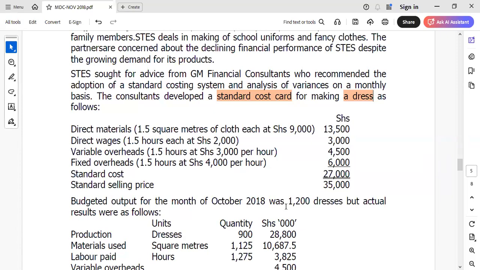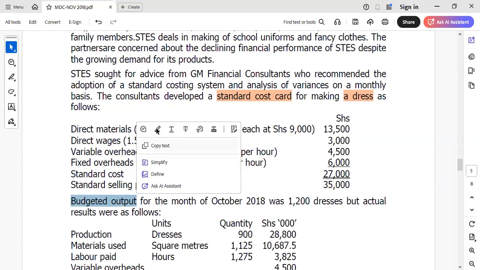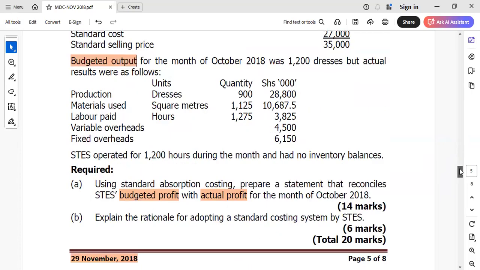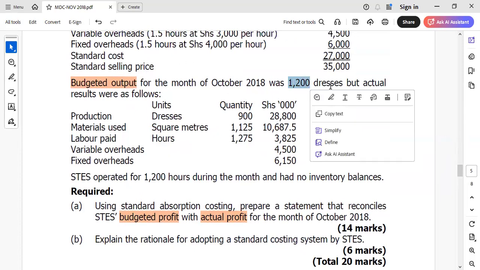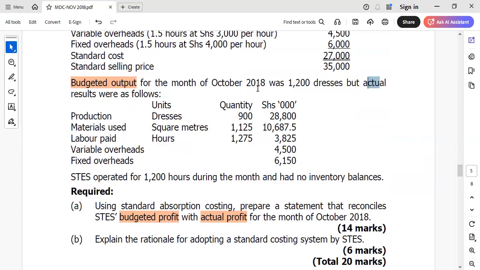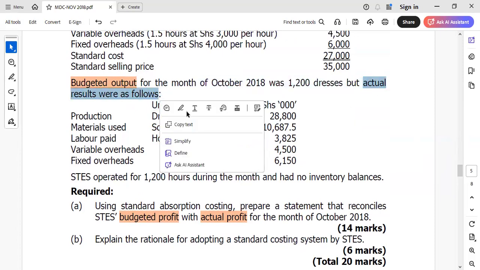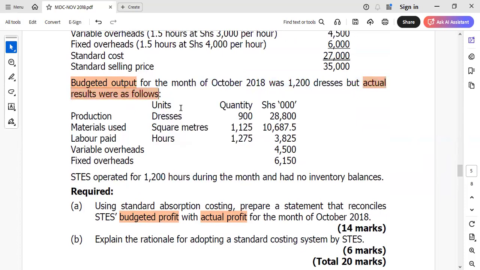The budgeted output was 1,200 dresses, but at this point we need the actual results. The actual results were as follows.